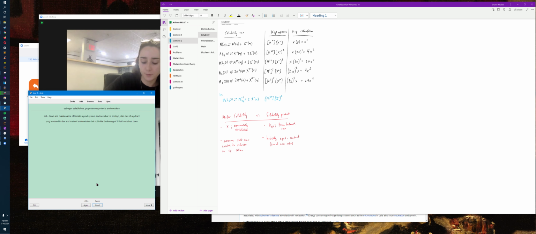You don't use pure liquids then. You don't use anything unless it's aqueous, because aqueous means it's already basically dissolved in water, right?